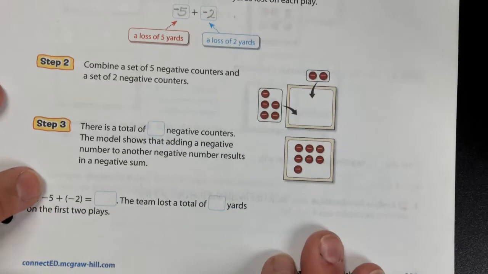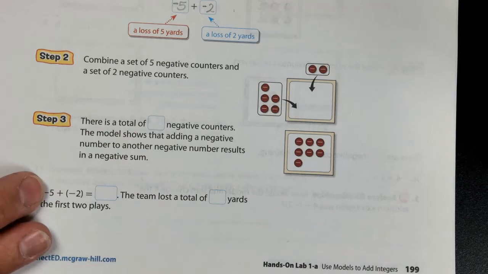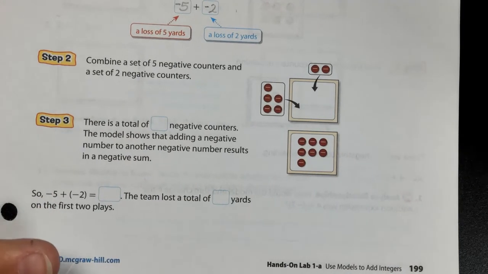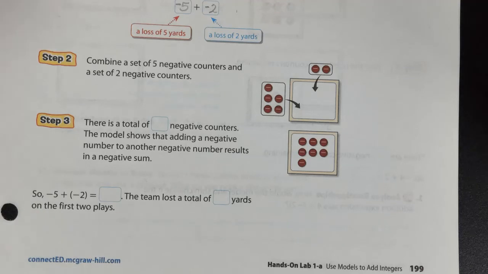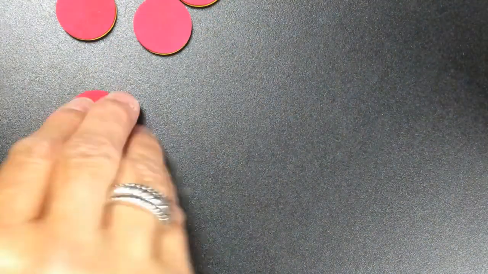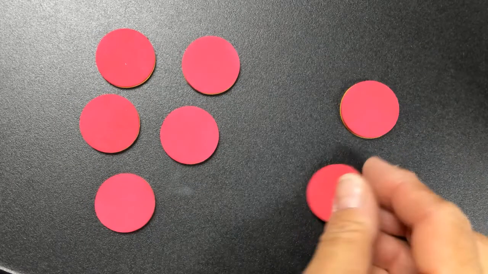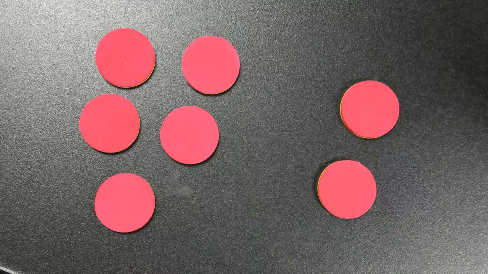And so it says what you can do is you can combine a set of 5 negative and a set of 2 negative. Okay? So I'm going to kind of move this over here, and I'm going to show you my 5 negative counters, okay? And then I'm going to have 2 more negative counters here.